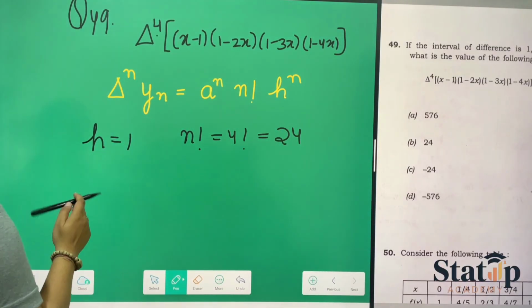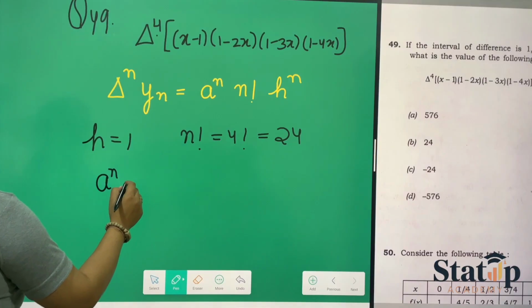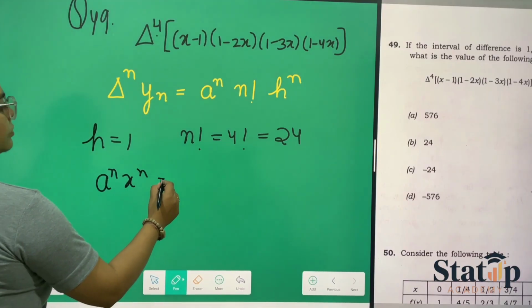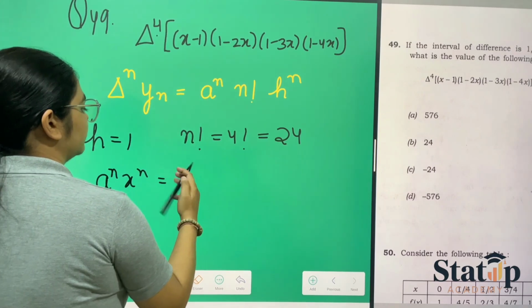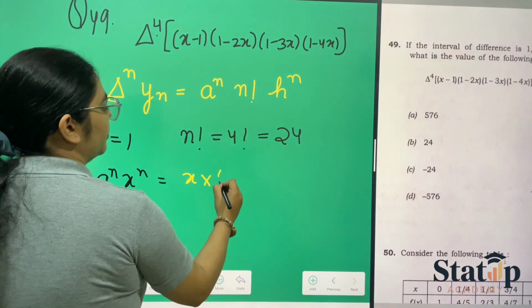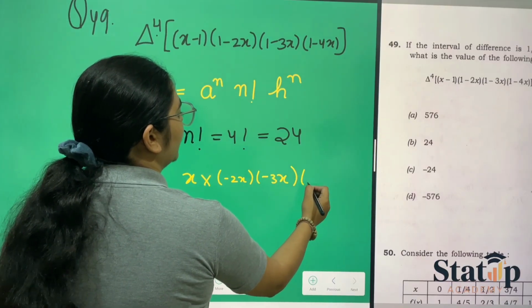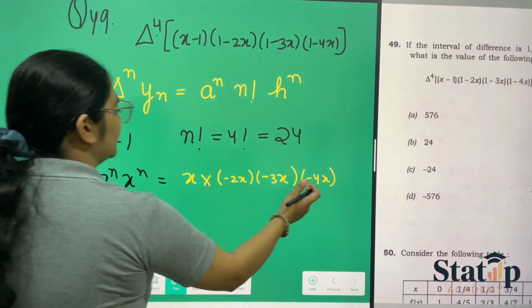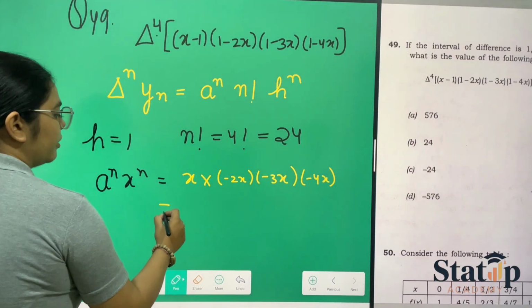Now how do we calculate a raised to the power n? A raised to the power n is calculated as the multiplication of all the x terms here. So x into minus 2x into minus 3x into minus 4x. When we multiply all of them, 4, 3, 2, it will be 24 only with a minus sign.